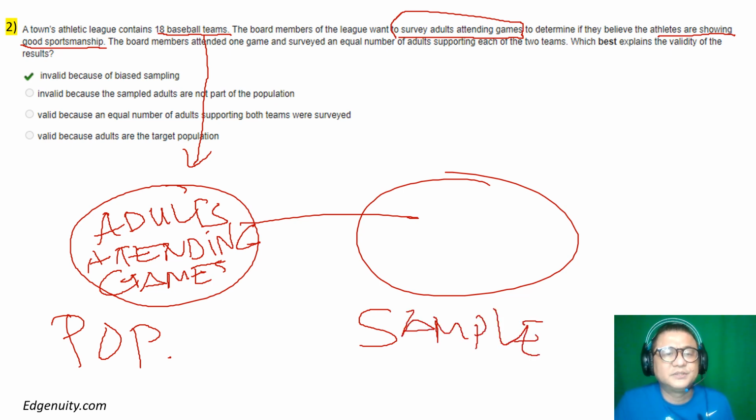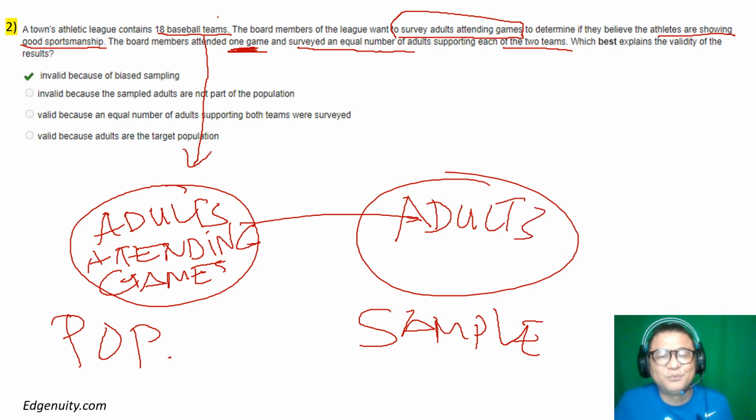The board members attended one game and surveyed an equal number of adults from each of the two teams. So these are adults who supported just two teams.